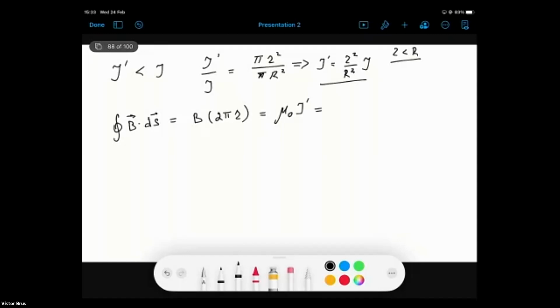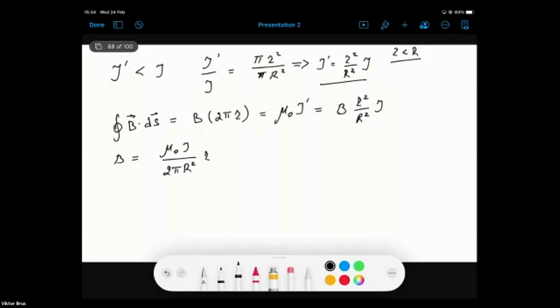And that will be equal to B times 2 pi r equals mu naught times r squared over R capital squared times I. And solving from these conditions for the magnitude of the magnetic field vector, it will be mu naught times I over 2 pi R capital squared times r.